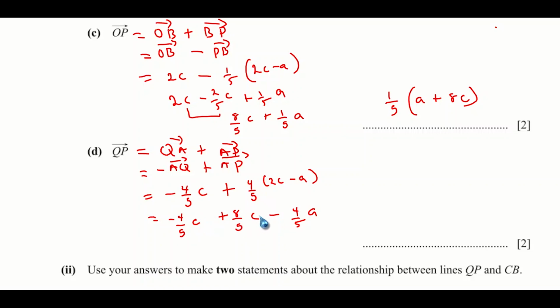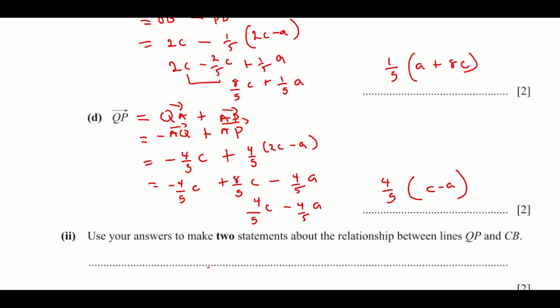So for C, this will be minus 4 plus 8, that will be 4. So that will be 4 over 5C, then minus 4 over 5A. So I can factor out 4 over 5, then I'll be left with C minus A, like this.